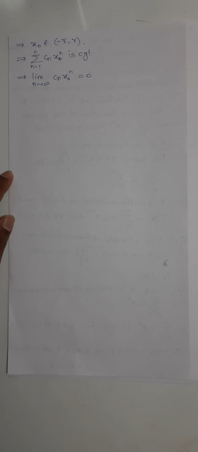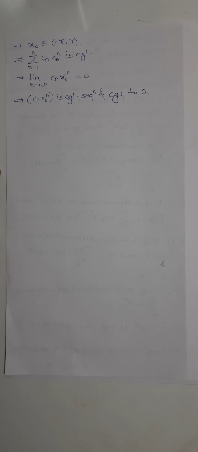But you know that when any series is convergent, the necessary condition is that the corresponding sequence should converge to 0. So the sequence Cn x naught raised to n converges to 0. So it's a convergent sequence, converging to 0. But we know that every convergent sequence is bounded.